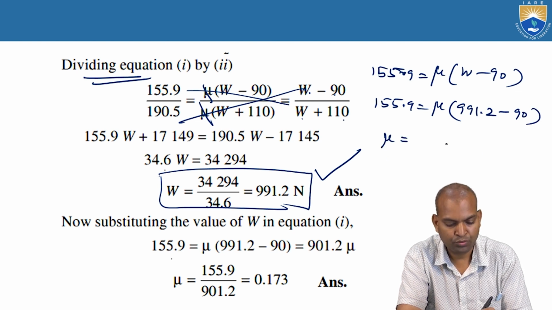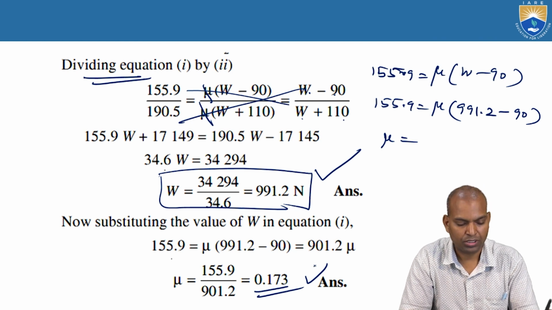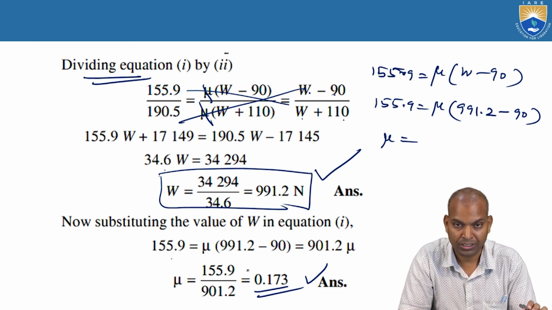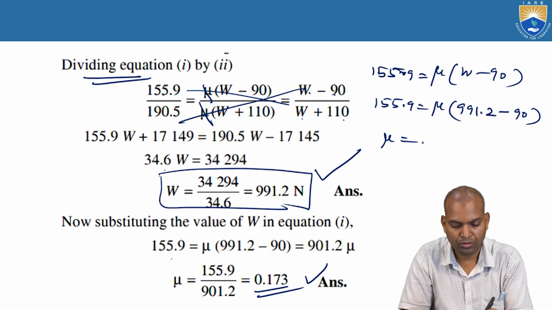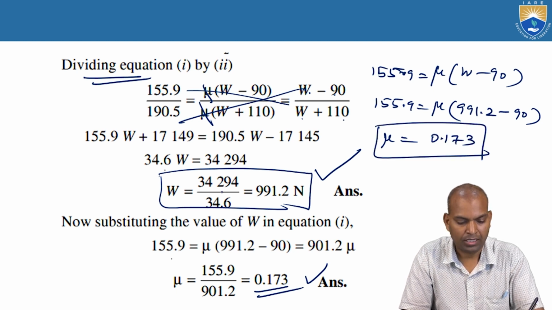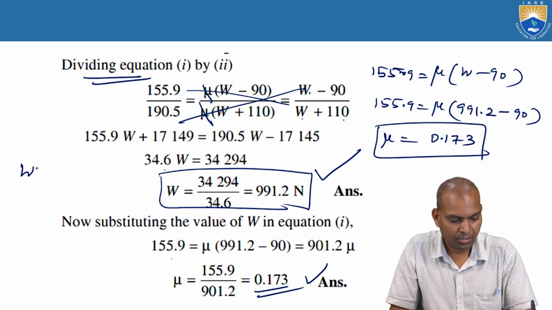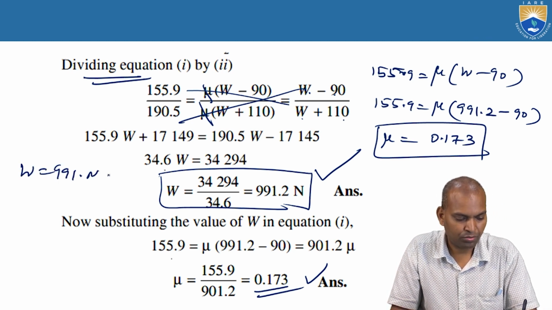From that we get the mu value. Mu equals 0.173, there is no unit. So mu equals 0.173 and W equals 991.2 newtons.